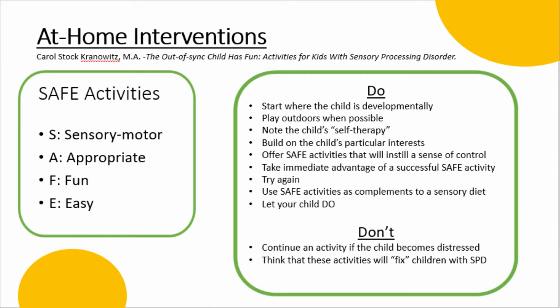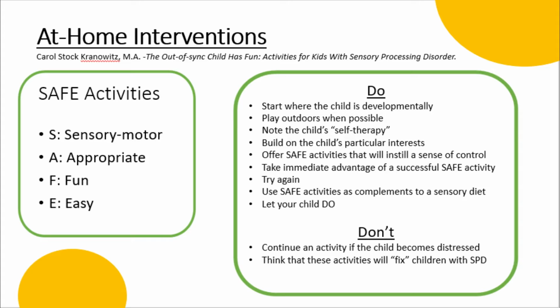Do start where your child is developmentally. Starting them on an activity that is too advanced for their stage of development could set them up for failure, which would be counterproductive. Do play outdoors whenever possible. The outdoor environment is full of sensory stimulation, which can be challenging for kids, but is vital to them learning to self-regulate.